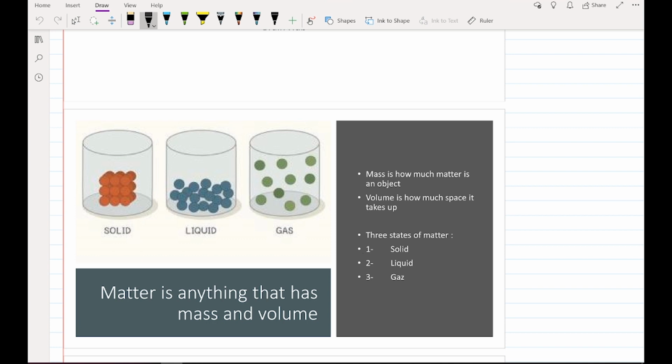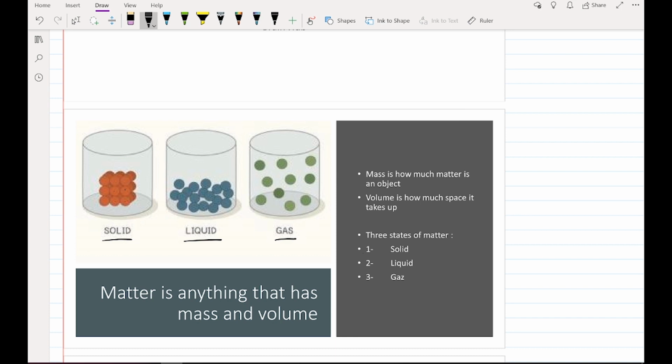So this figure shows three types of matter: solid, liquid, and gas. In the solid container, we have small orange circles very close to each other, and they are numerous, more than the circles in the third container containing gas matter.